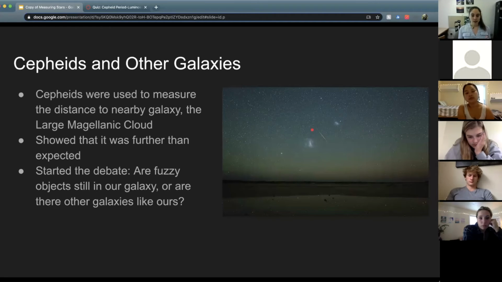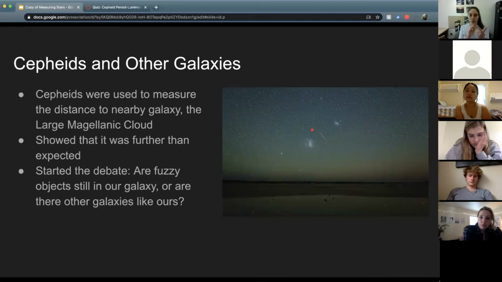So this is how we can start to measure distances. We can use parallax shifting, the amount of shift a star does as we move around the sun, to measure the distance to nearby stars. And then we can use Cepheid variables and the period-luminosity relationship to measure the distance to Cepheid stars, as well as the galaxies that Cepheid stars are in.